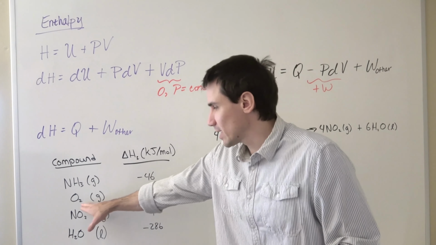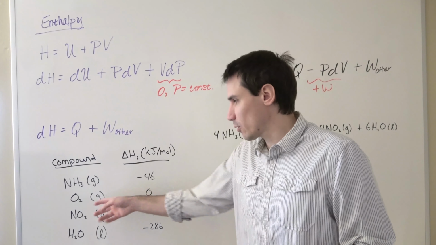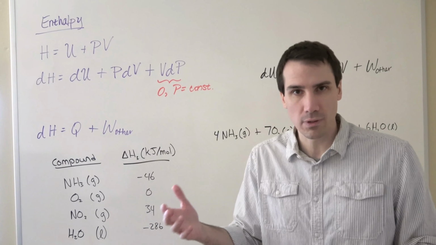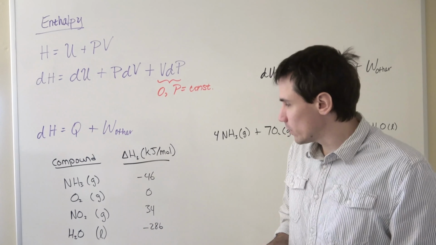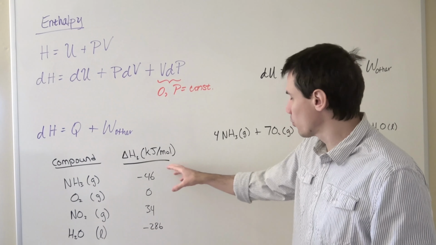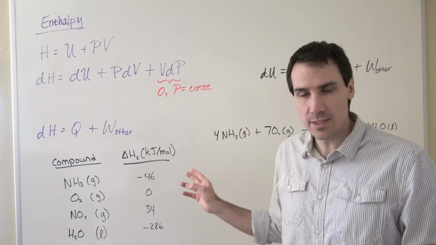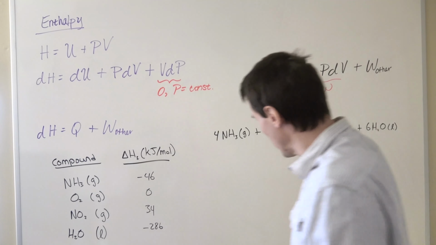So, for example, oxygen again has an enthalpy of 0 because this is the most stable form of oxygen. Okay, so what we're going to do is plug in the enthalpy values for each of these, and then we're going to see the difference in enthalpy between the two sides of our equation.